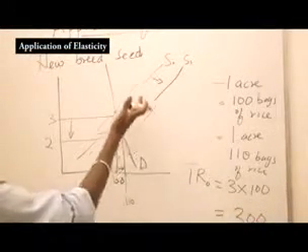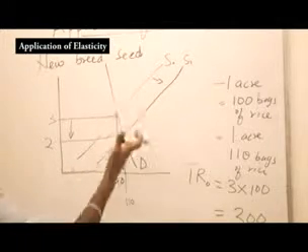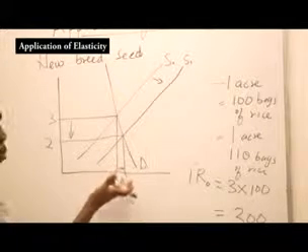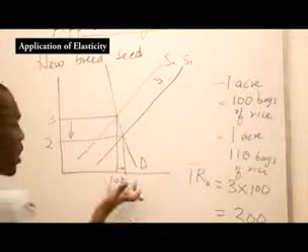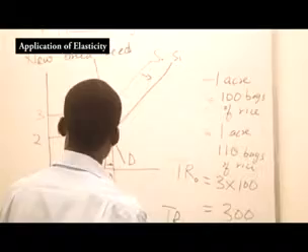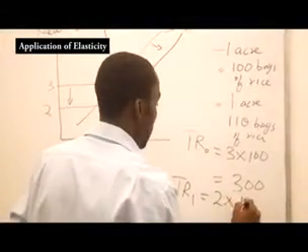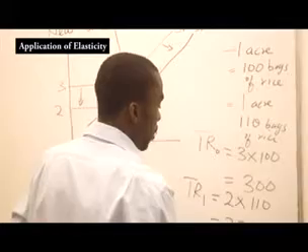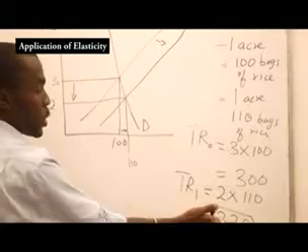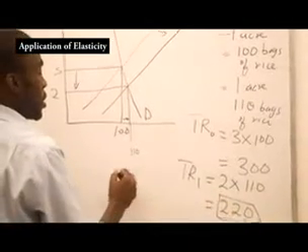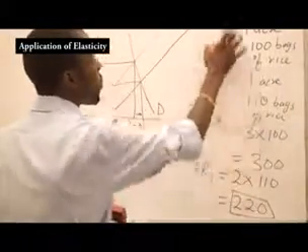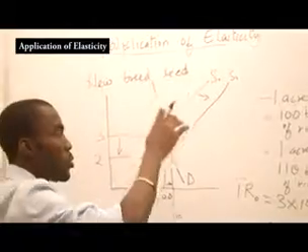However, because of the new seed, now you are producing more, but because of the inelastic nature of the demand curve, the quantity only increases from 100 to 110, which means that your new total revenue will be 2 times 110, which means the farmer is now getting a total revenue of 220. This 220 is 80 short of what he had if he had used the old seed to produce.